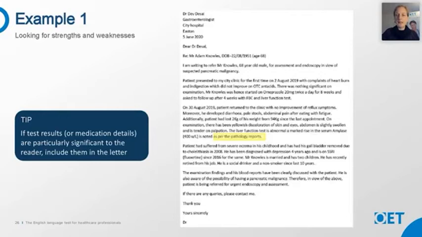Yeah, overwhelmingly, 97% of you have said yes, you would want to know more than that. So again, don't leave out important details that the reader needs. Make sure you include them within the letter.